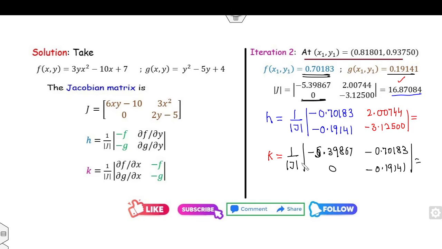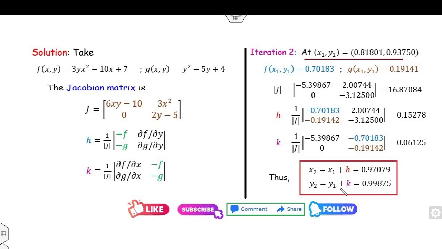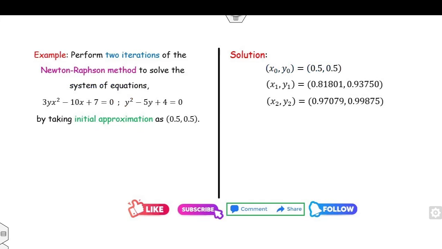Now again you can substitute the value of J and you can get these two expressions. So my x2 is x1 plus h, y2 is y1 plus k. So I can substitute the values, and you will get the result after the second iteration. Now since the question suggested you have to perform only 2 iterations, I have obtained the first iteration and the second iteration.